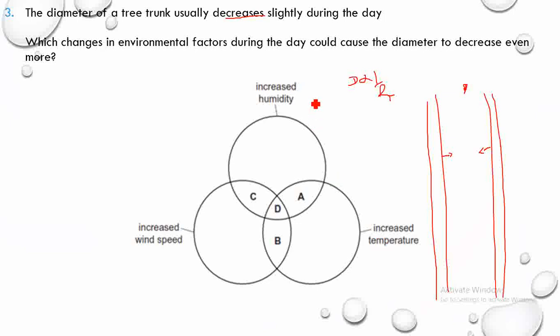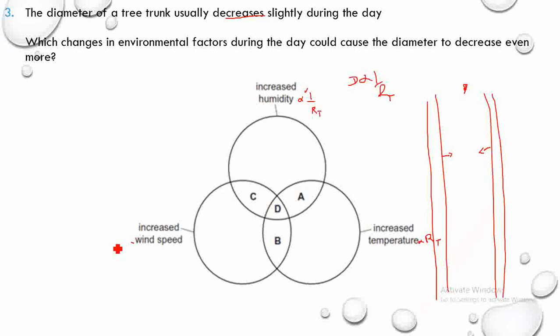Remember that humidity is inversely proportional to the rate of transpiration. And temperature is directly proportional to the rate of transpiration. Don't forget that. As temperature increases, the rate of transpiration increases because of increased evaporation. The kinetic energy of water molecules increases, and then we have more water evaporating, setting up a steeper water concentration gradient.